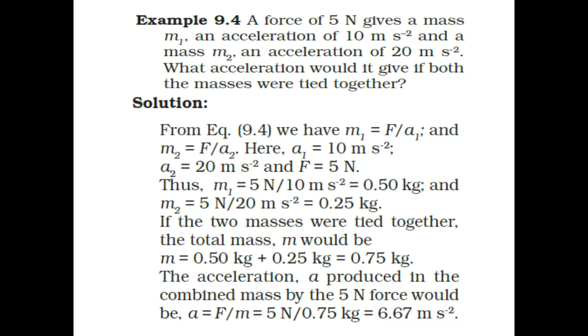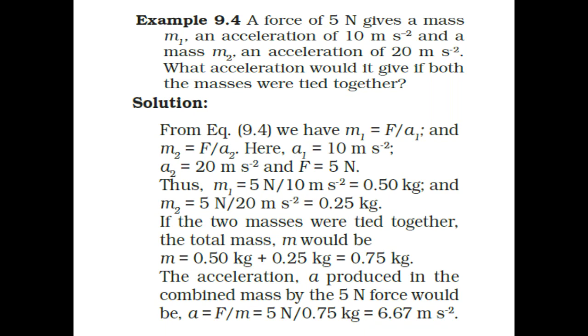So this question is telling us that the same force, 5 Newton, in the case of mass m1 gives an acceleration of 10, and the same 5 Newton force, when applied to mass m2, gives an acceleration of 20 meter per second square.